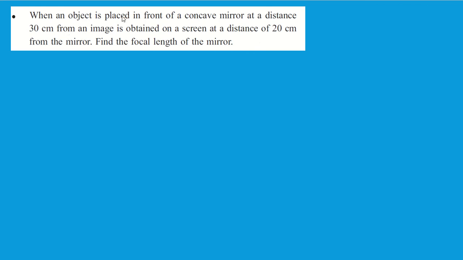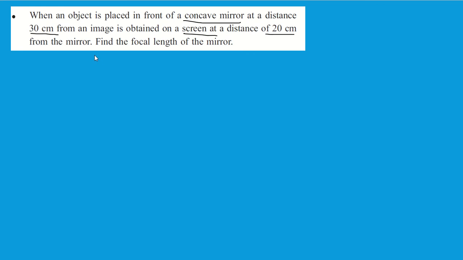When an object is placed in front of a concave mirror, it's a concave mirror. That's important. Identifying the mirror is important. At a distance of 30 centimeter. When an image is obtained on a screen, so immediately our mind should read it as real image. At a distance of 20 centimeters from the mirror.